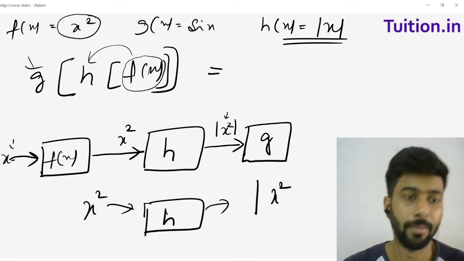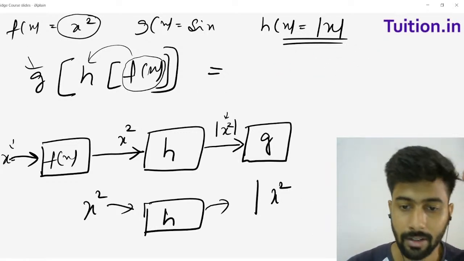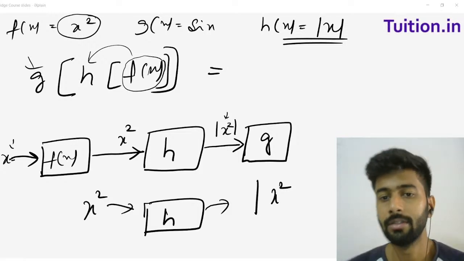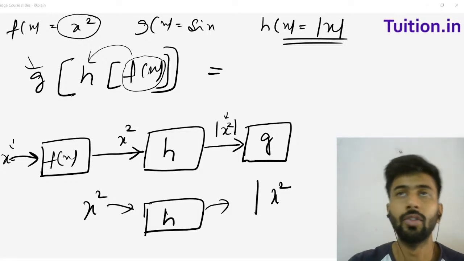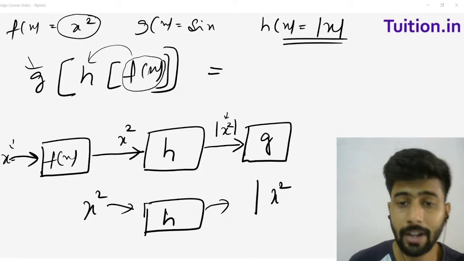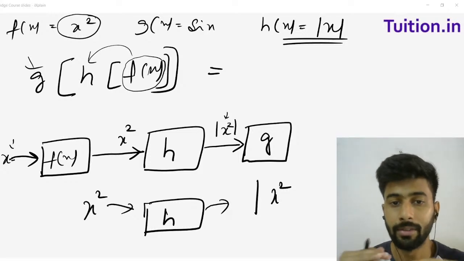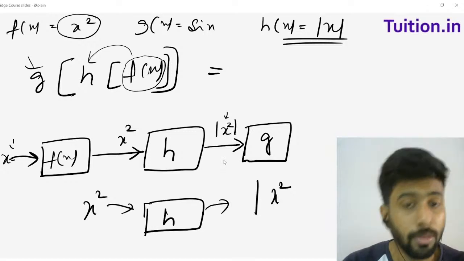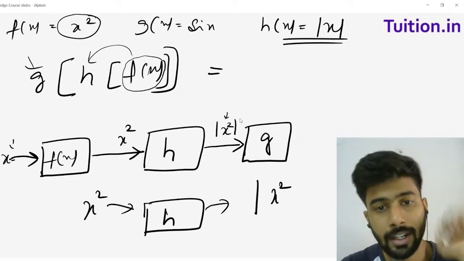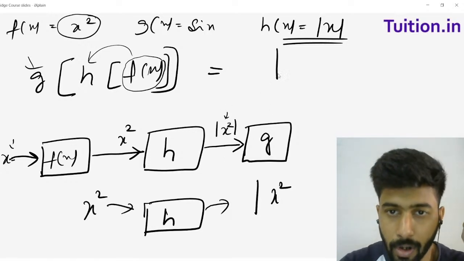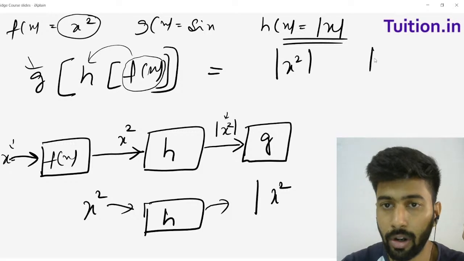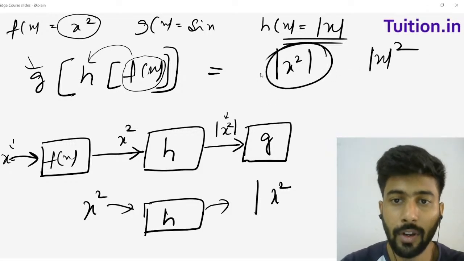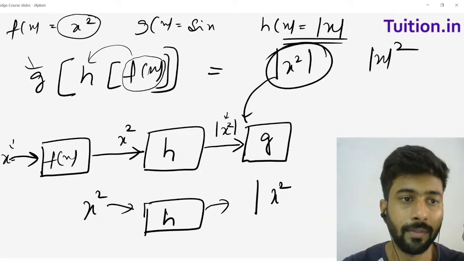Because if they are equal, you will still be good. You would have done your calculations assuming they are not equal, so you are more on the right path than assuming that they'll be equal. So mod x square will come as the output, and finally mod x square, not mod x whole square, this fellow will go as the input to g, correct?